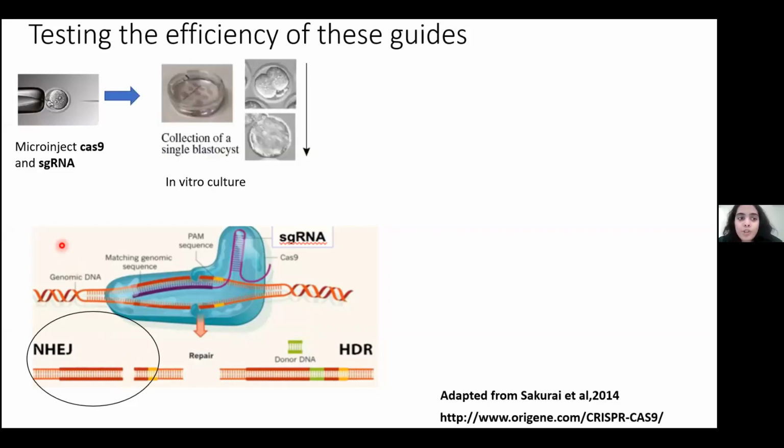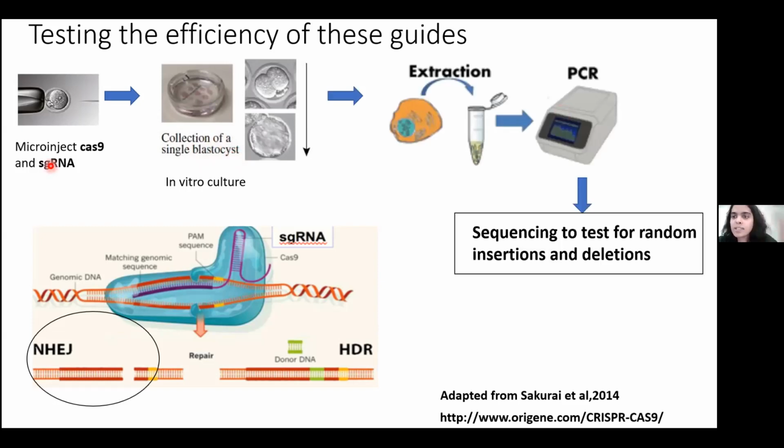So you let this embryo grow to the blastocyst stage in vitro, and then you extract the DNA. If the guide is cutting at the target site, you would expect insertions and deletions using this method. If you don't see insertions and deletions, it's not cutting.